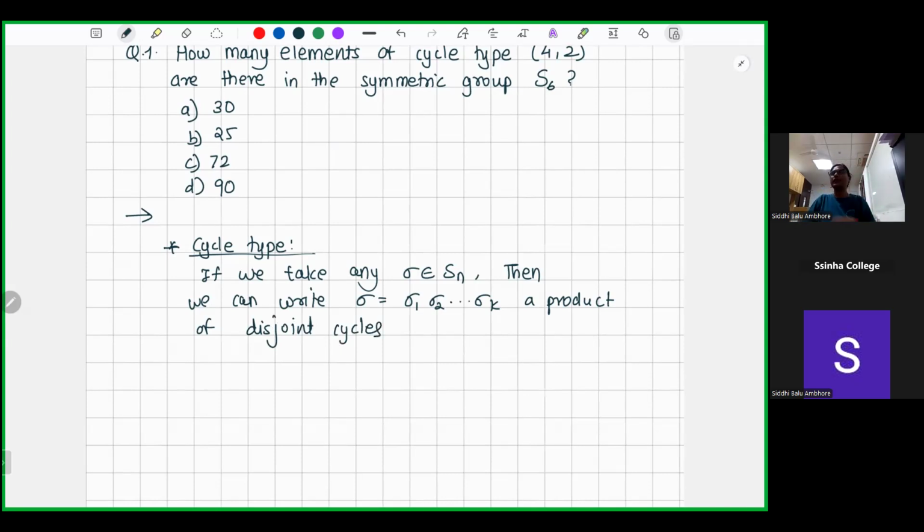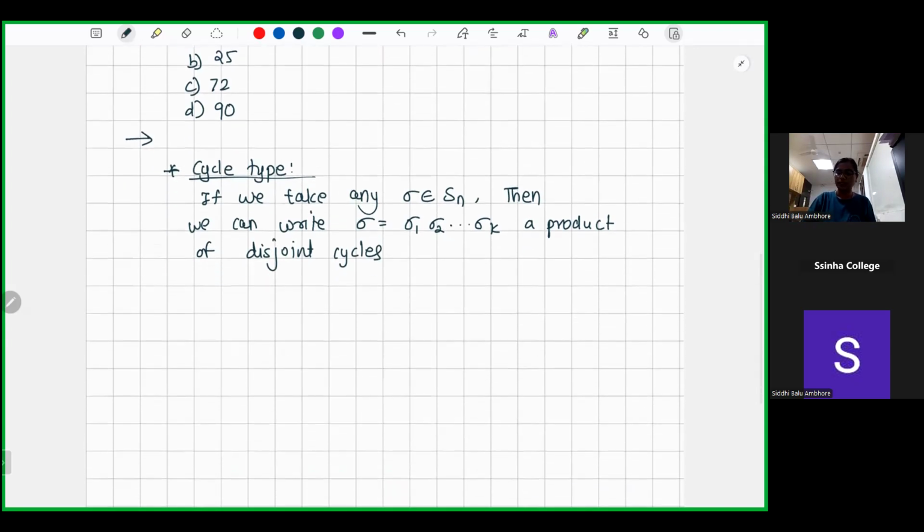So any element sigma in Sn can be written as a product of disjoint cycles.